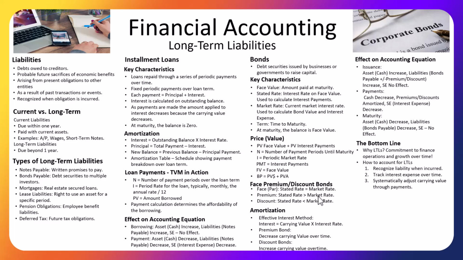Investors will pay extra for a bond that pays more than current market rates. If the stated rate is lower than the market rate, the bond sells at a discount, below face value. Who wants a bond paying less than what you could get elsewhere?